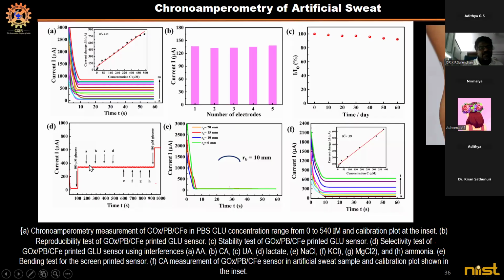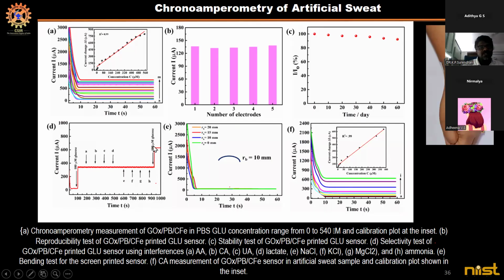But when acetic acid, ascorbic acid, lactic acid, sodium chloride, ammonium chloride, all these things are added, there is no change. Then again, when glucose is added, the current increases. That means it has very high sensitivity.